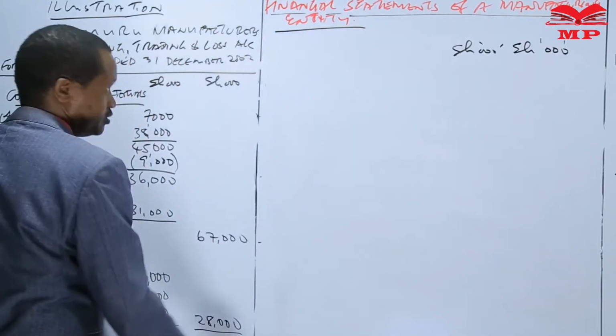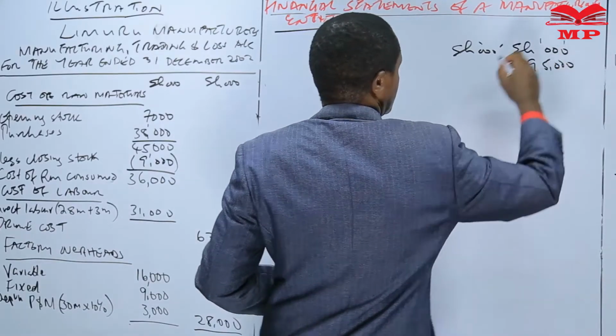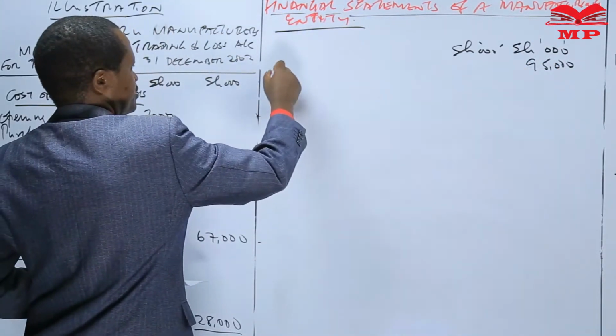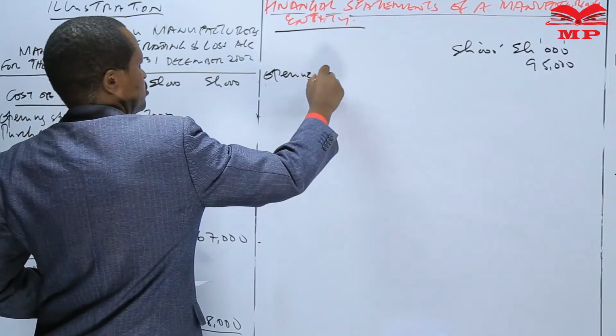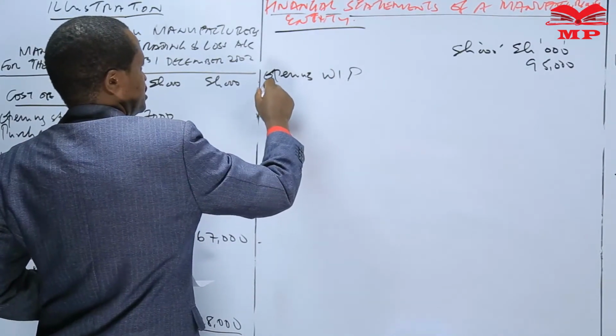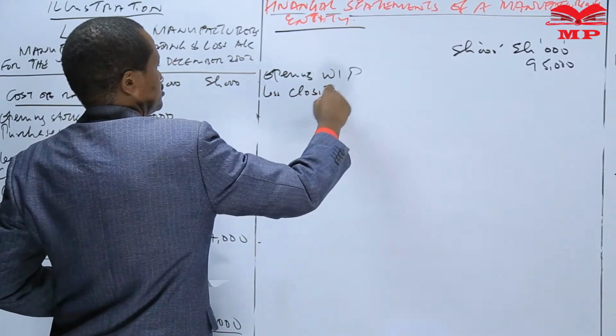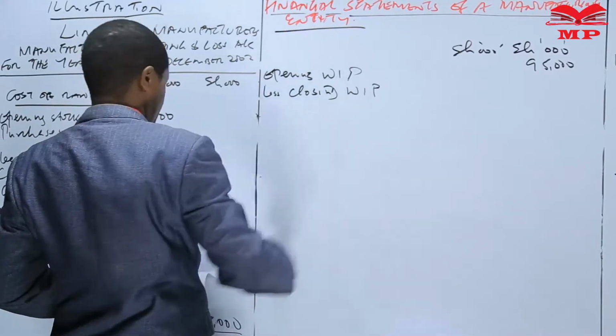This totals 95 million. Then we'll add the opening work in progress, then less closing work in progress.